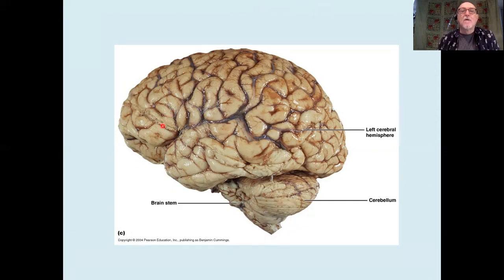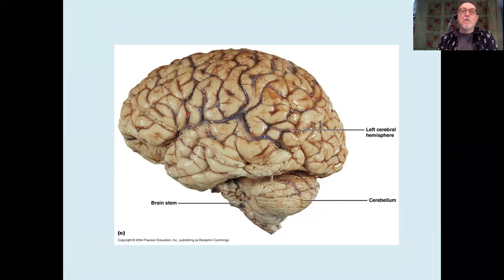The fissures, as here, divide the brain into distinct lobes. It's not that clear when you just look at the brain, but if you were handling the brain, you would be able to see it much easier, because you could separate the lobes at the fissures.